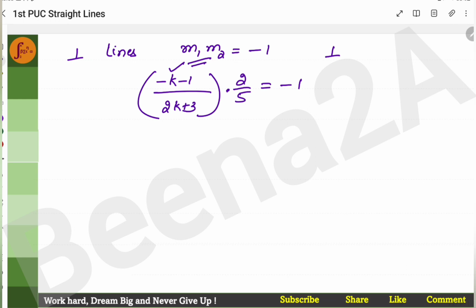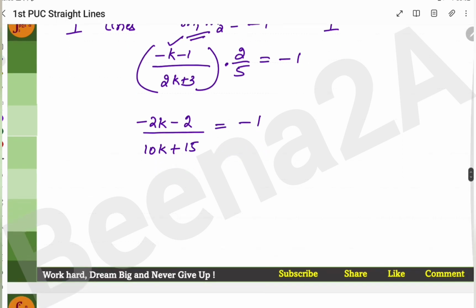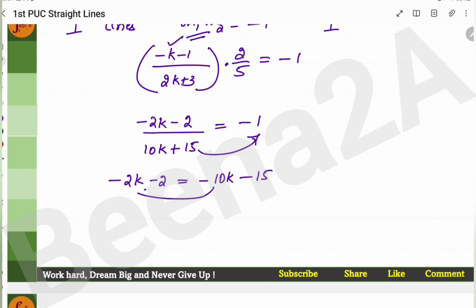So now you multiply. You'll get minus 2k minus 2 by 10k plus 15 is equal to minus 1. Now I'll simplify this. Minus 2k minus 2, I'll take this here, so it will be minus 10k minus 15. Now I'll bring k terms here.